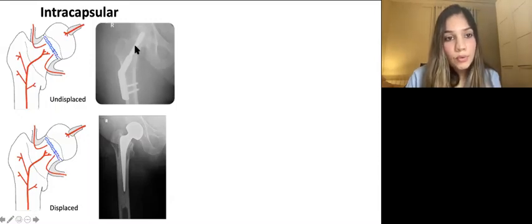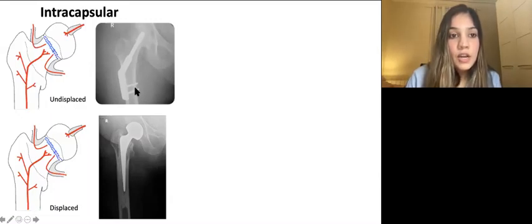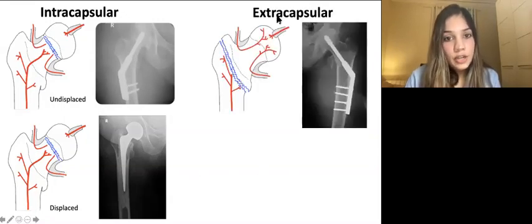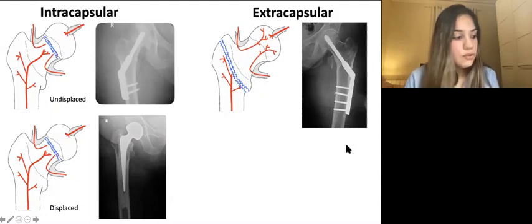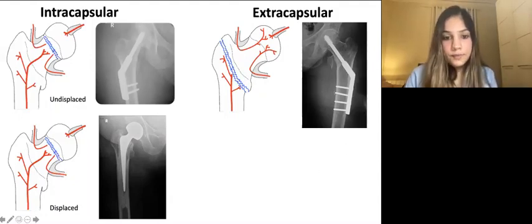However, because the bone was not displaced, the blood supply was not fully affected. So this can be fixed with plates and screws. And generally with an extracapsular fracture, so a fracture outside the intertrochanteric line, they're generally fixed with plates and screws. So that's a great question.